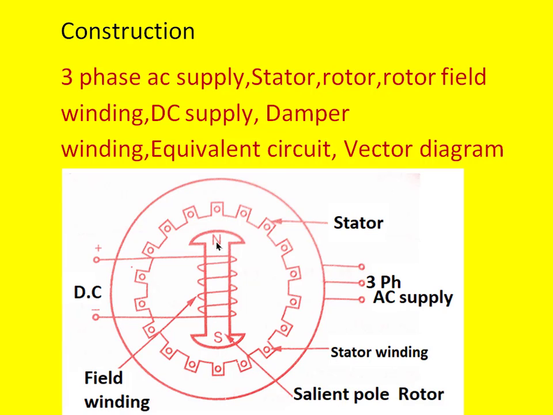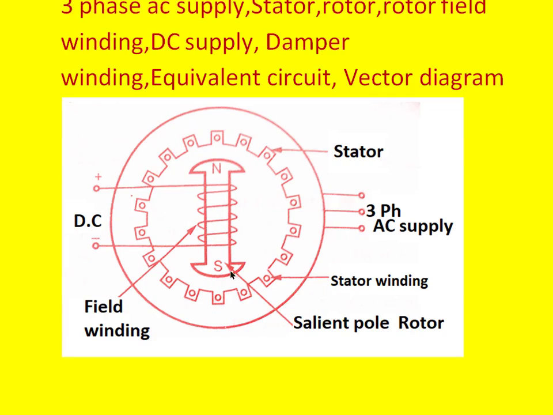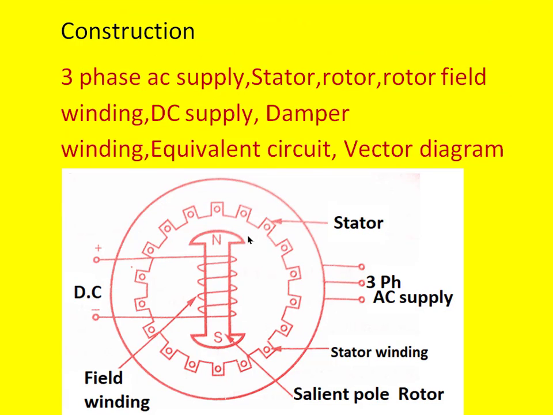This rotor is called the salient pole rotor, and it has fixed poles. This is the north pole and this is the south pole in this case. And to analyze the synchronous motor principle, I took here a two-pole rotor.